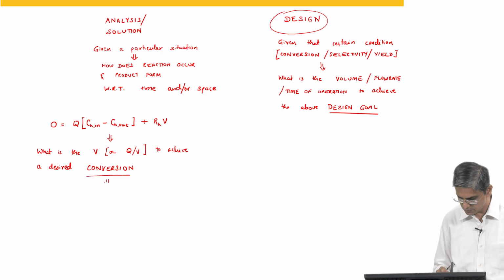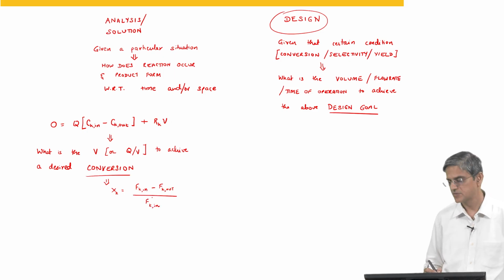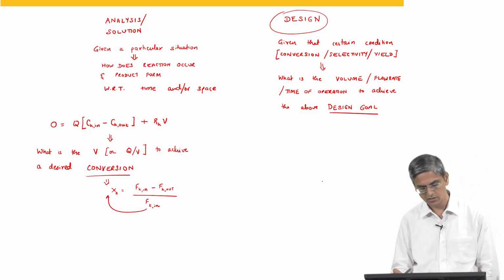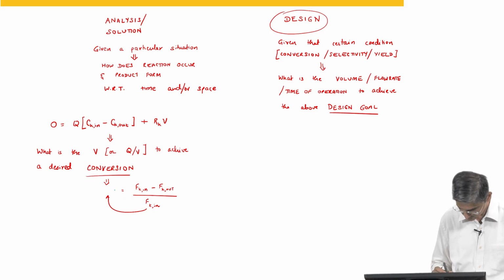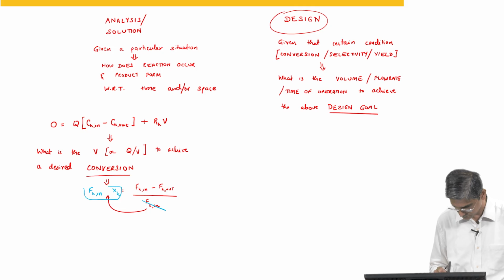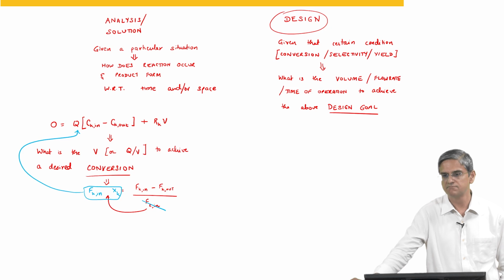And the desired conversion we defined as xk is nothing but... Fk0, and if we take Fk0 over here, you can replace this guy with this guy.